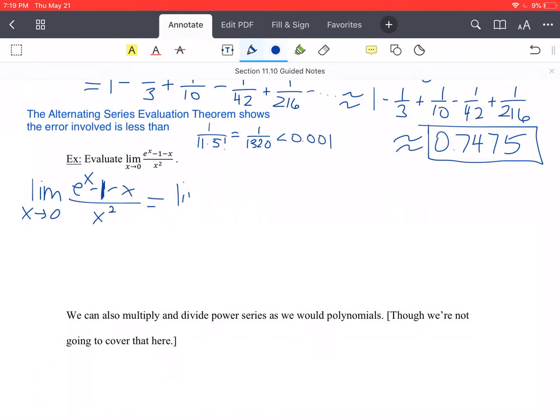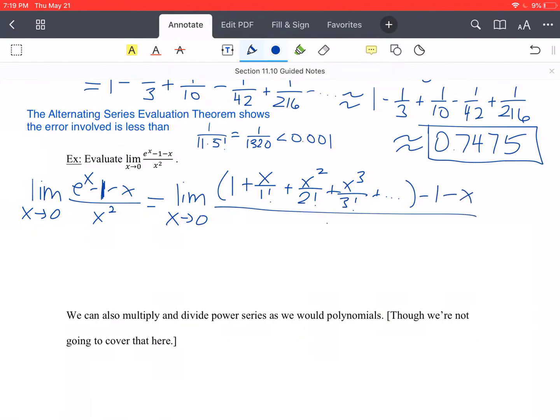If we write out the expansion for e to the x, then we're going to get 1 plus x over 1 factorial plus x squared over 2 factorial plus x cubed over 3 factorial, etc. minus 1 minus x all over x squared.